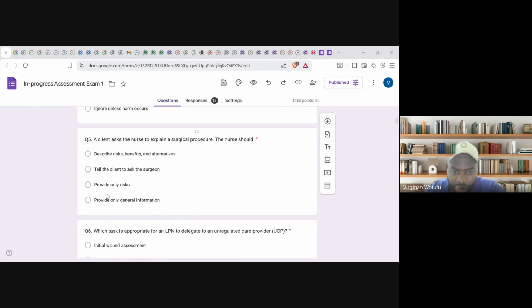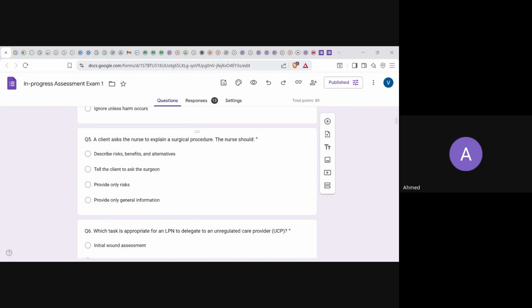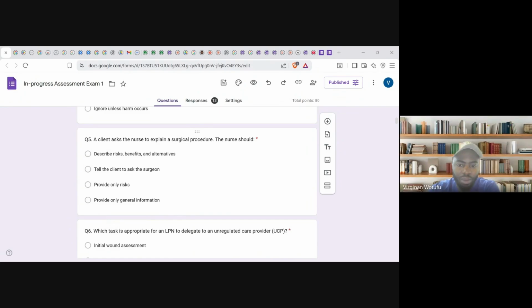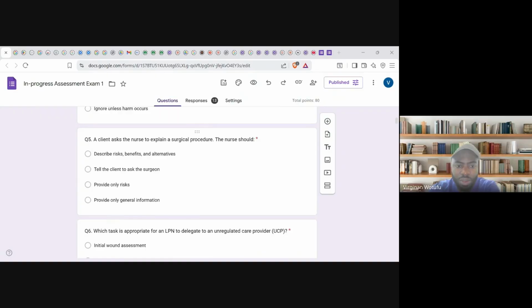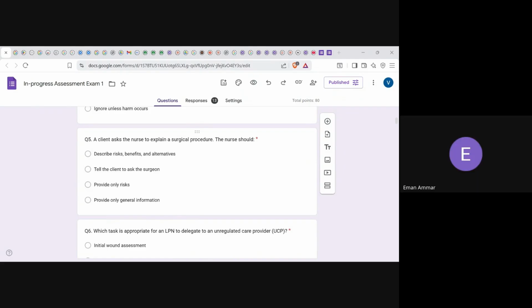Most of us could not get this one correctly. Number 2, tell the client to ask the surgeon. Exactly. What's our rationale? Because only the surgeon has the privilege for the surgical procedure. Exactly. Only the surgeon can do the education and teaching, right?